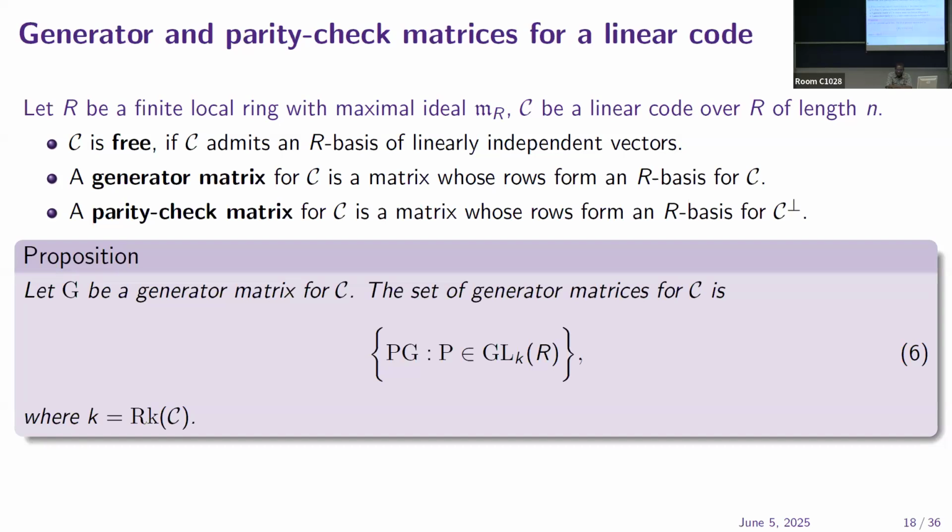A parity check matrix for C is a generator matrix of the dual. If G is the generator matrix for C, then PG, where P is an invertible matrix, is also a generator matrix of C. The number of rows of the generator matrix is the rank of the linear code.